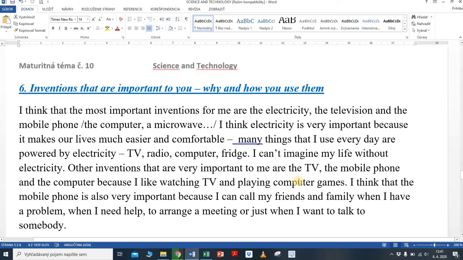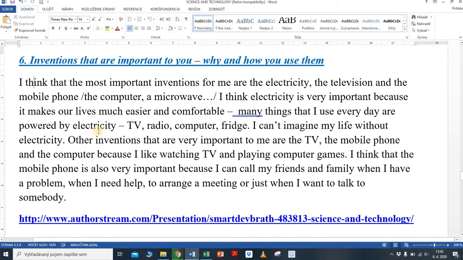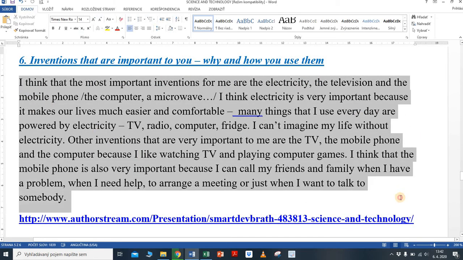The sixth part, one of the last ones, is connected with the inventions which are important to you, why and how you use them in your everyday life. I think that you can start with the first paragraph, and then you will develop your own speech, your own ideas, which should be remembered when preparing for this topic.